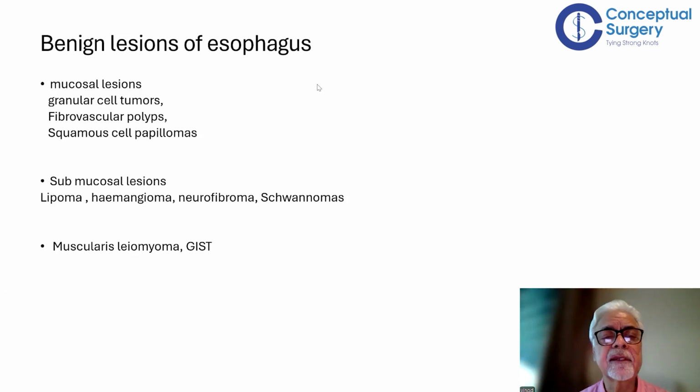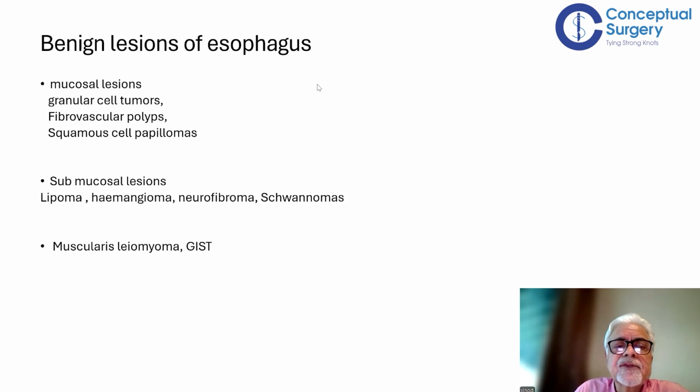Endoscopy is generally the tool by which we find these lesions. When a patient is undergoing endoscopy for any unrelated problem and you pick up these lesions, they would be lesions of some curiosity. Otherwise, they do not have much significance of their own.